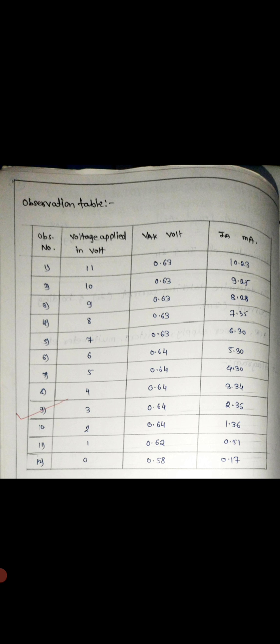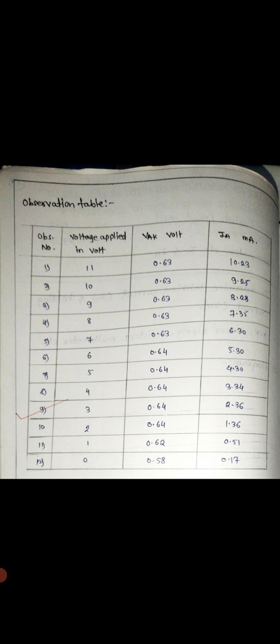At that time the current is 10.23 milliampere at 10 volts, whereas VAK is 0.63 and IA is 9.25.